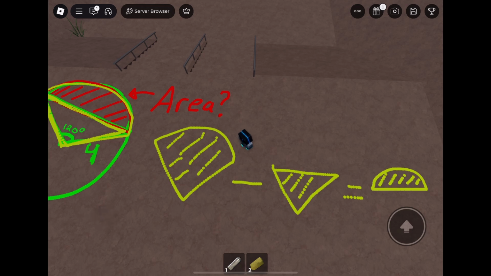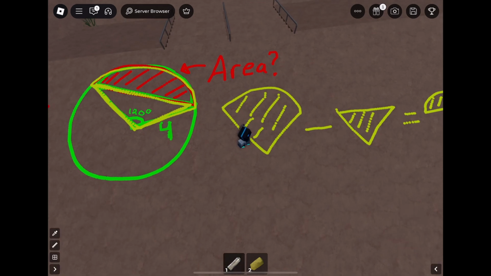So let's do that. To find the area of the sector, this one is pretty straightforward, as we've seen how to do this many times now. The area of the sector is just theta over 360. I'm just going to immediately write that as 120 over 360 times pi r squared. And our radius is 4, so 4 squared times pi is just 16 pi.